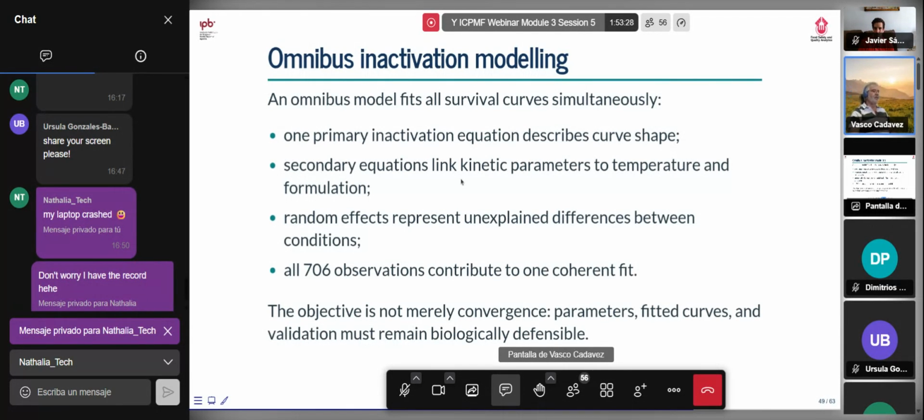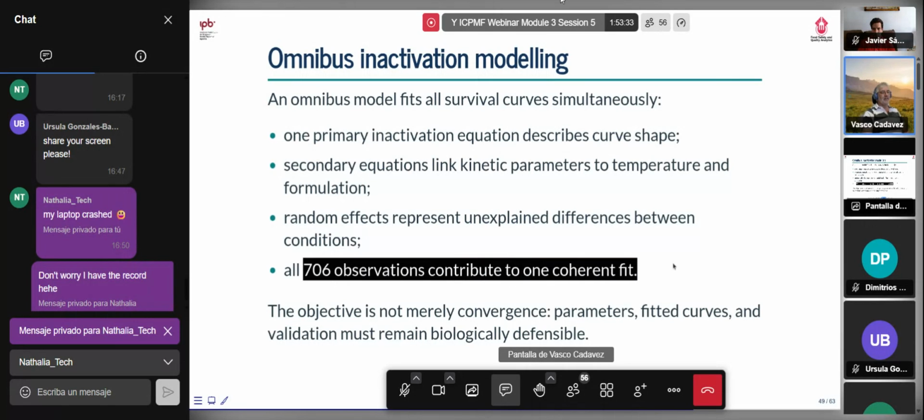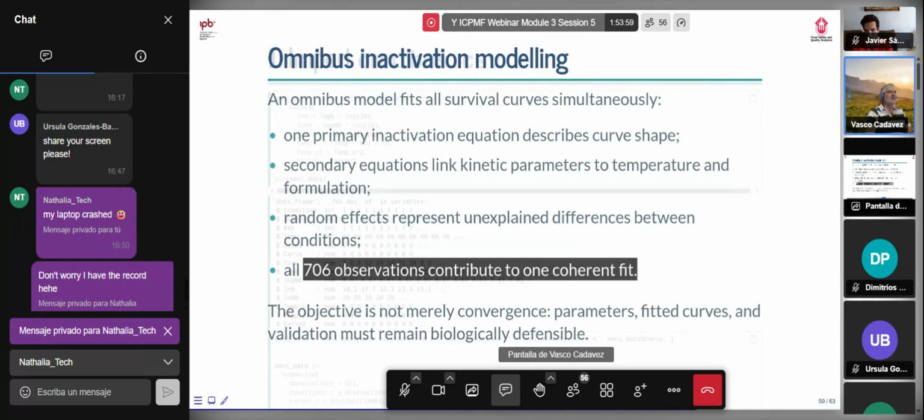But I chose an example that is very difficult, because it is an example with a lot of data and different conditions, and the shape varies a lot among conditions. So sometimes when we have a lot of this variation, it can be difficult to find good initial values to have convergence in the model.